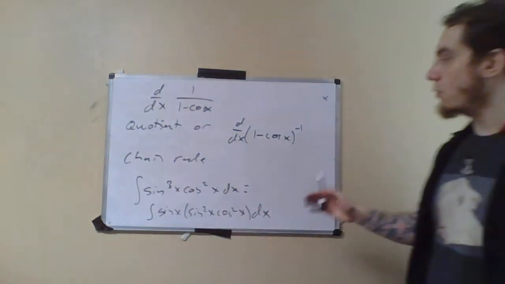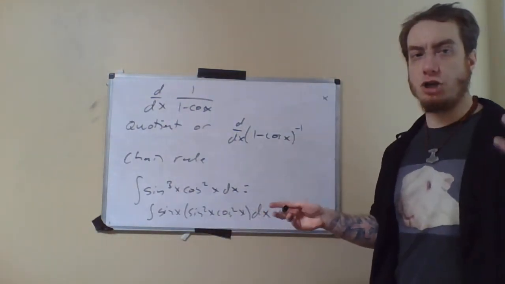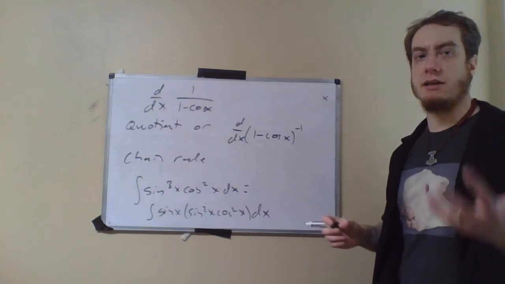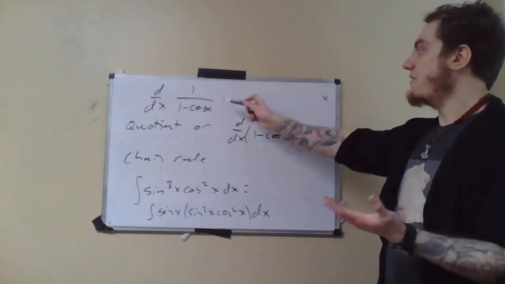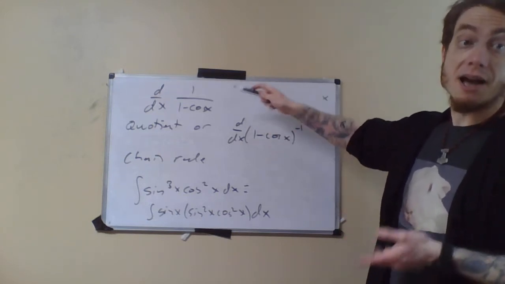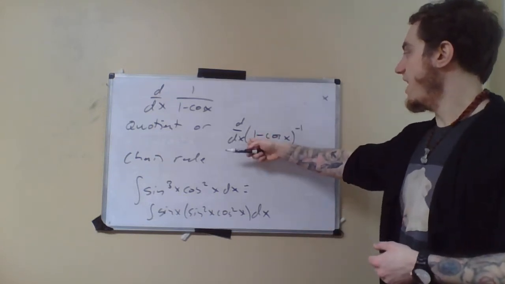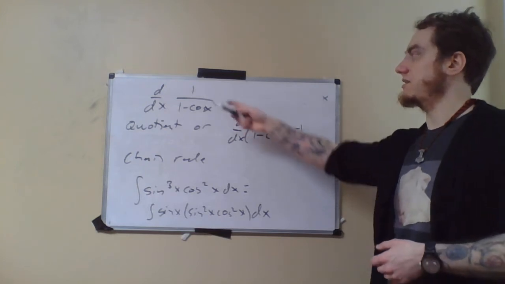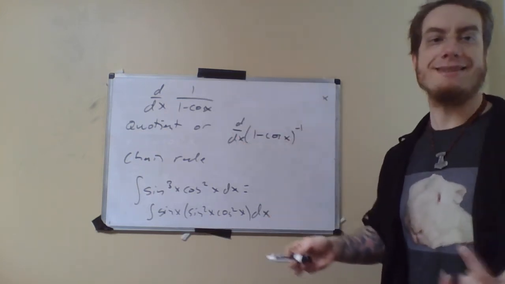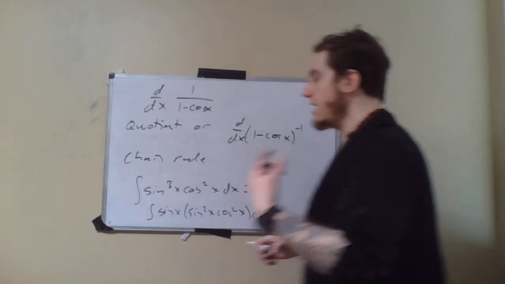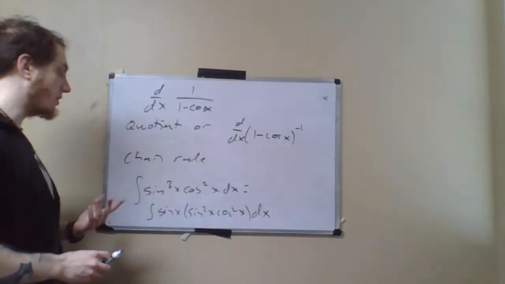So there are some where the rule is sort of jumping out at you, at least once you've gotten enough practice with this, but it's not as simple as, oh, we have a quotient, we can automatically apply the quotient rule, or oh, we have a composition of functions, because I can think of quotients as compositions this way, we can apply the chain rule. It's not as straightforward where these techniques will automatically work.